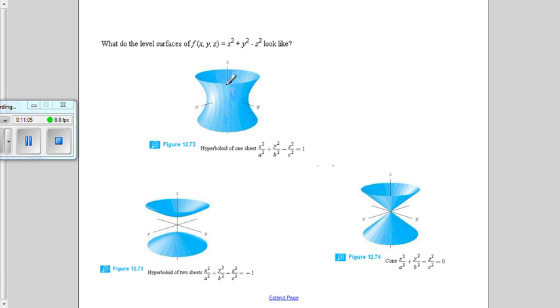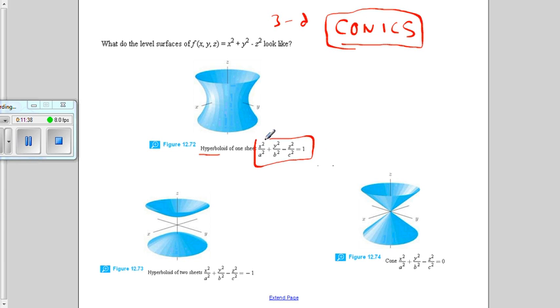Okay, well, it's important for us to have some familiarity with different shapes. I know one of our favorite topics in pre-cal is conics. Well, conics is fun in 2 dimensions, but it's amazing in 3 dimensions. So this is 3-dimensional conics. I'm just going to give you a chance to look at these. Here's a hyperboloid. A hyperboloid has this general equation: x squared over a squared plus y squared over b squared minus z squared over c squared equals 1.